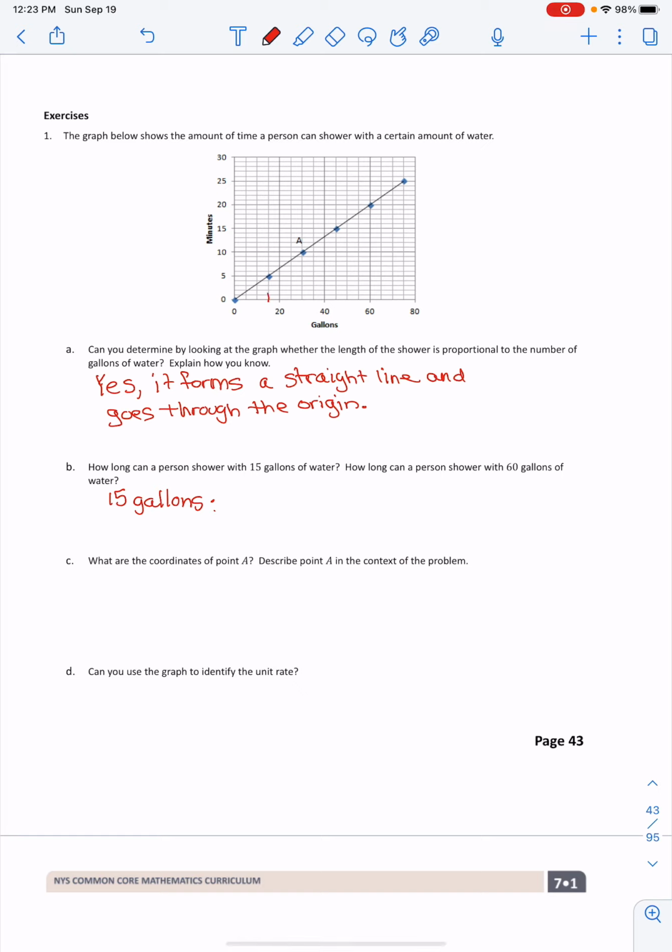So here, a person can shower for 5 minutes. For 60 gallons of water, here is 60. A person can shower for 20 minutes.